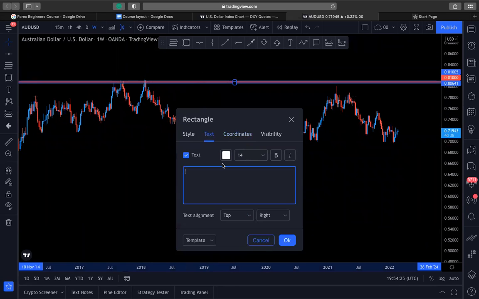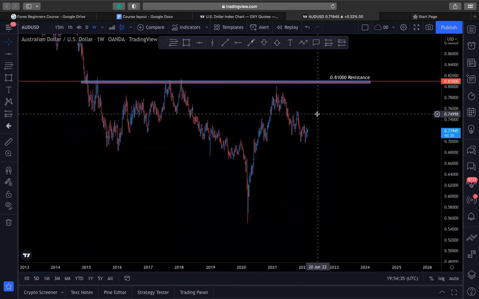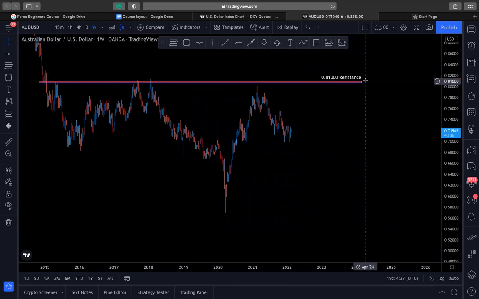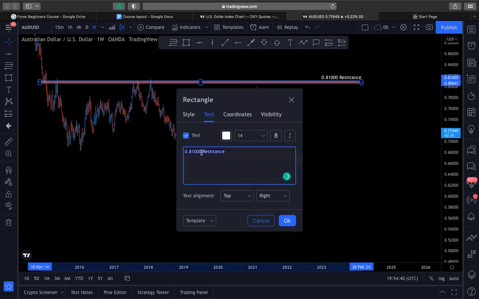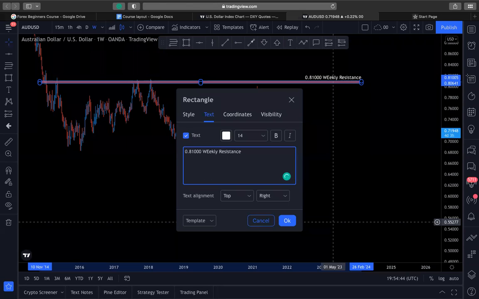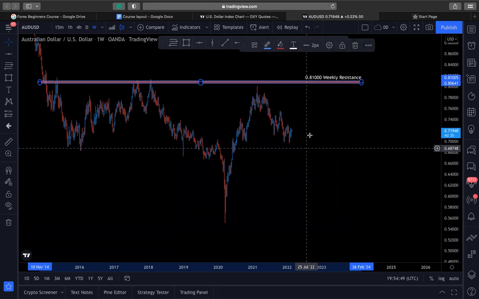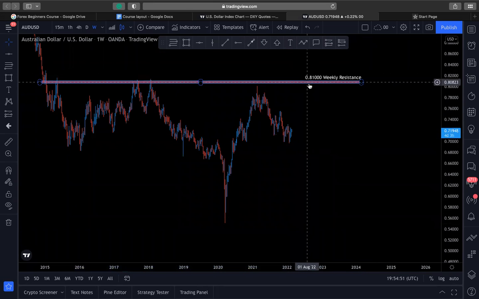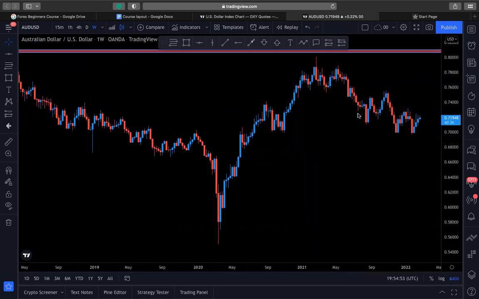I'm going to go to our text coordinates and label it. Identifying this is key, and you can also label it something like weekly resistance. Me personally, I'm at a point where I don't have to do that, but when I first started off, especially, I would just identify 0.81 as weekly resistance.